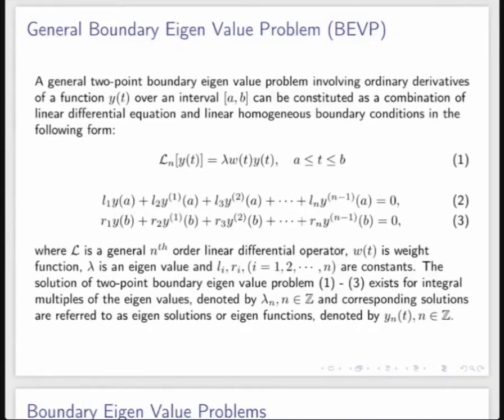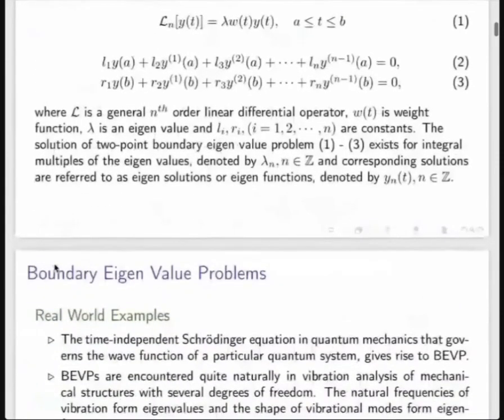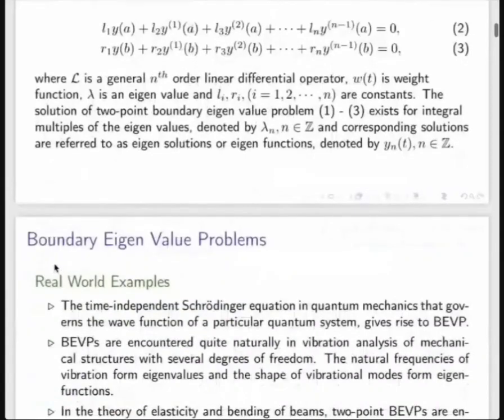Okay, so the differential equation should be homogeneous, and the boundary conditions should also be homogeneous. Given this scenario, the differential equation admits solutions for integer values of lambda, and the solutions corresponding to each integer value are called eigenfunctions. Okay, so this is a brief background of what a boundary eigenvalue problem is.